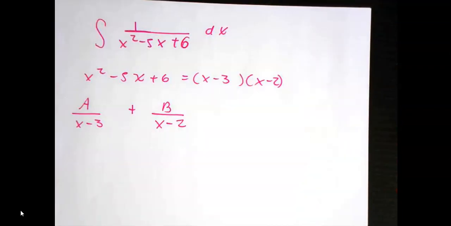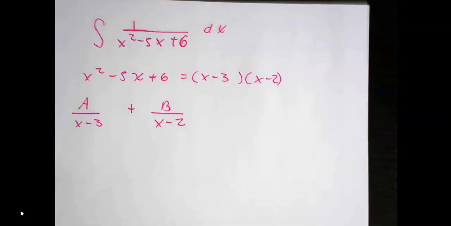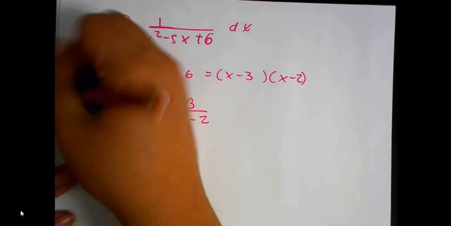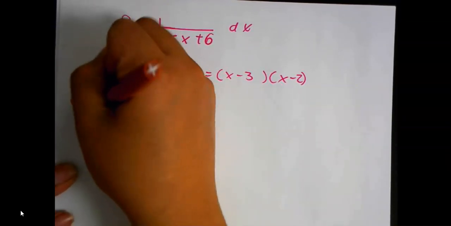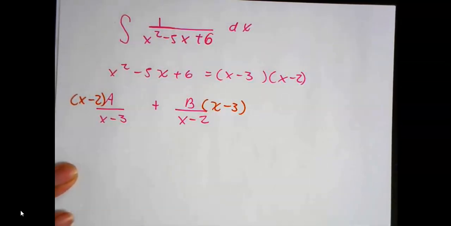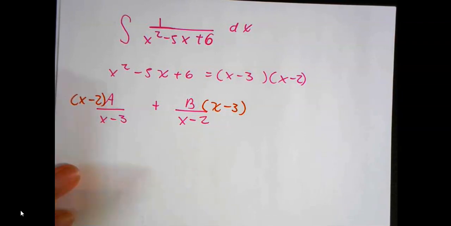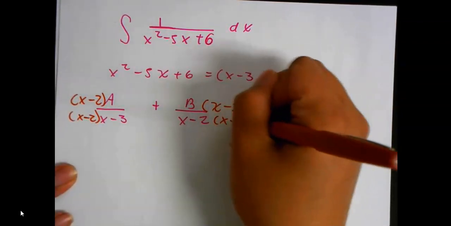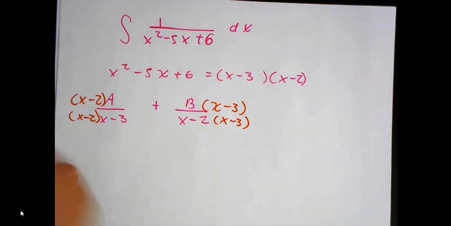In order to add fractions, we need a common denominator. So x minus 3 will be missing the x minus 2, and the B will be missing the x minus 3, so that we have a common denominator.